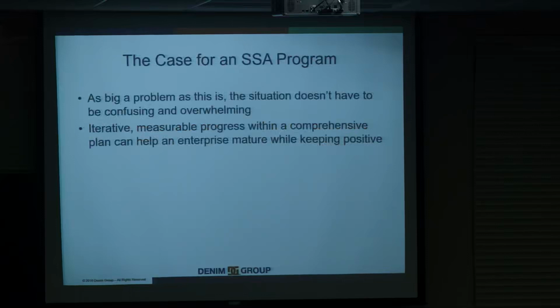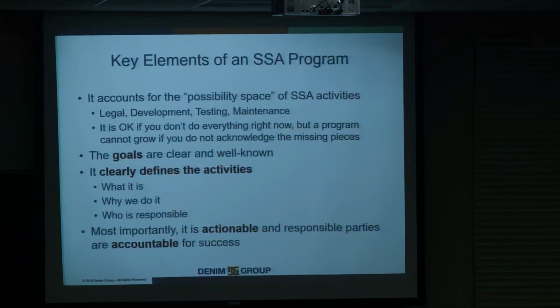So the case for an SSA program: as big a problem as this is, the situation doesn't have to be confusing and overwhelming. Iterative, measurable progress within a comprehensive plan can help an enterprise mature while keeping positive. Here are some key elements of an SSA program, software security assurance.